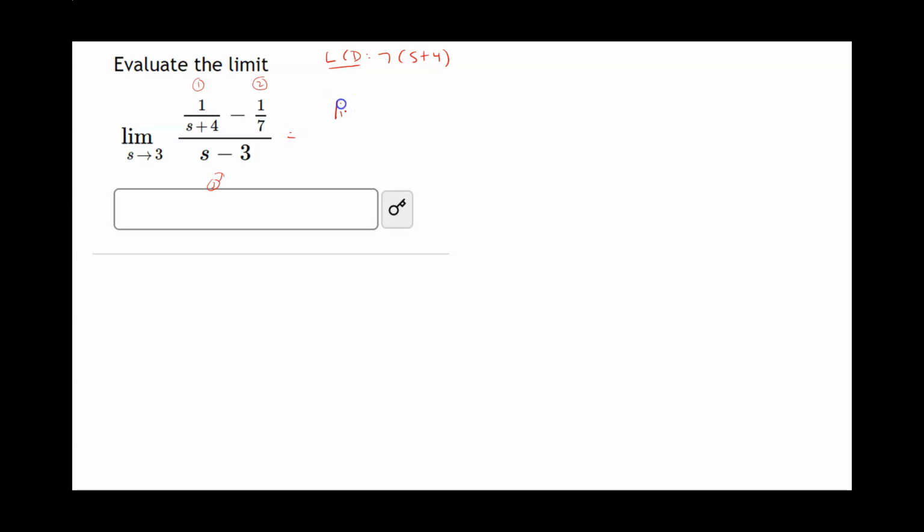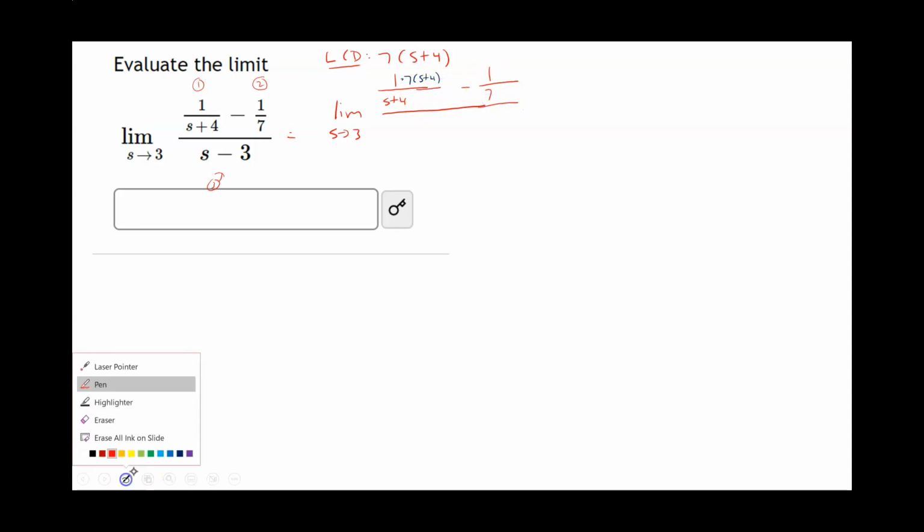So this is going to be limit as s approaches 3. Now on the numerator, we have 1 over s plus 4. But remember that every numerator is going to get multiplied by the LCD, which is going to be 7 times s plus 4. Now we do the exact same thing with the second term, which is the 1 over 7.